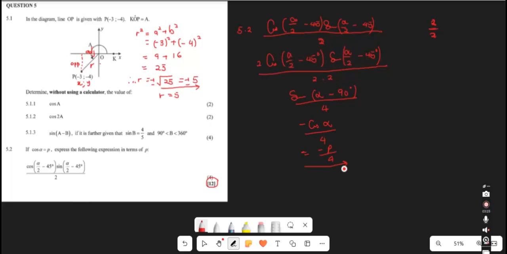And this changed from sine to cos, because remember 90 degrees, 90 minus or 90 plus, it's a cofunction. It's those ones which change from sine to cos, cos to sine, and tan to cot. So hence I have minus cos of beta.